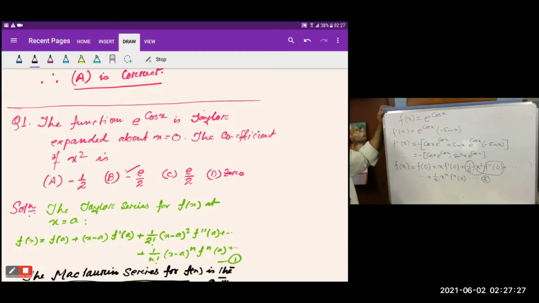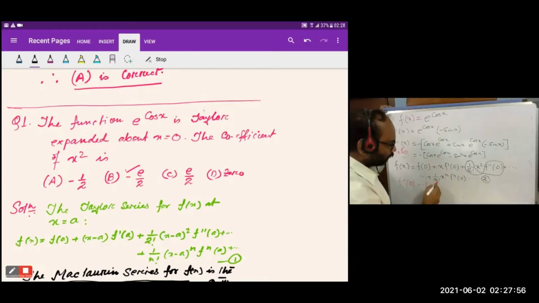What do we need to do now? Put x equal to 0. So that will give me f double dash 0 is equal to cos 0, which is 1, times e to the power cos 0, that is e to the power 1, minus this one is 0, this one is 1.